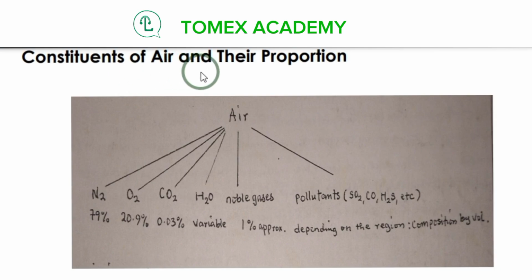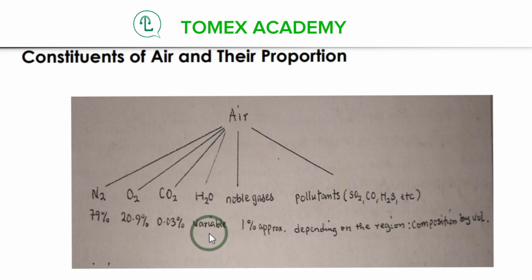Constituents of air and their proportion. Nitrogen 79%, oxygen 20.9%, carbon dioxide 0.03%.